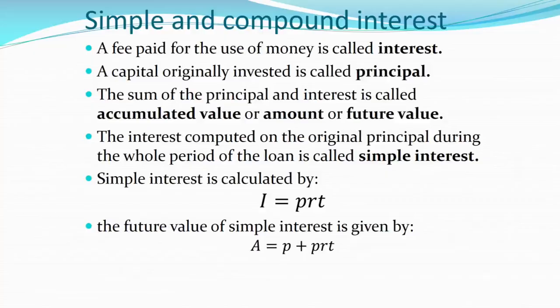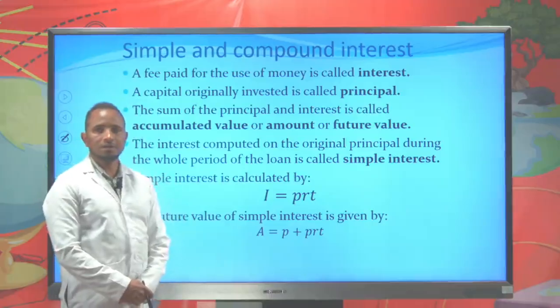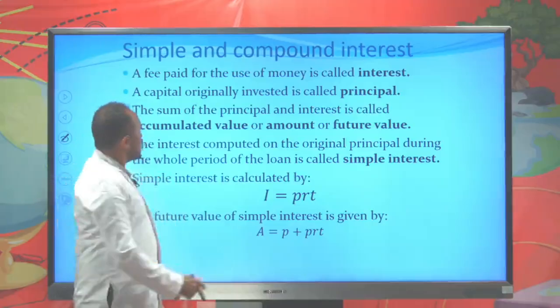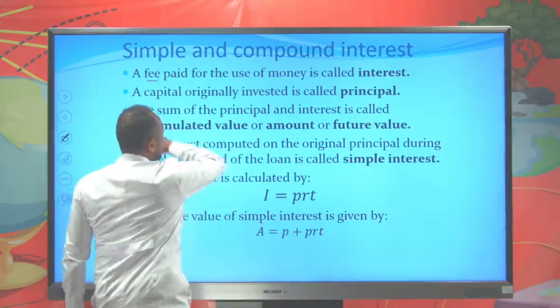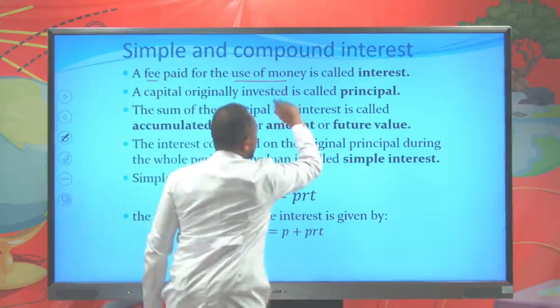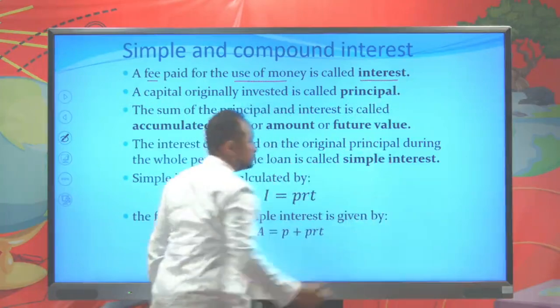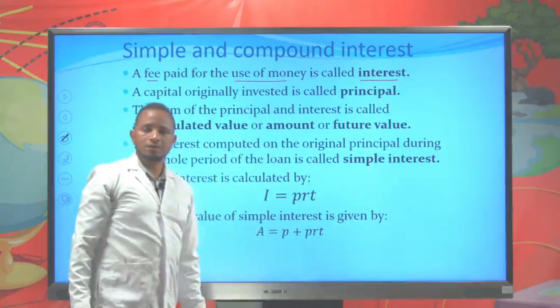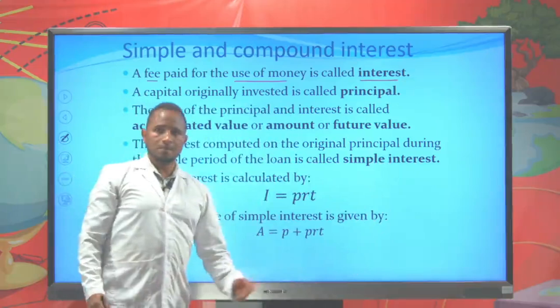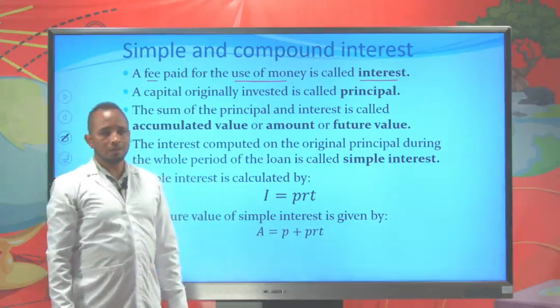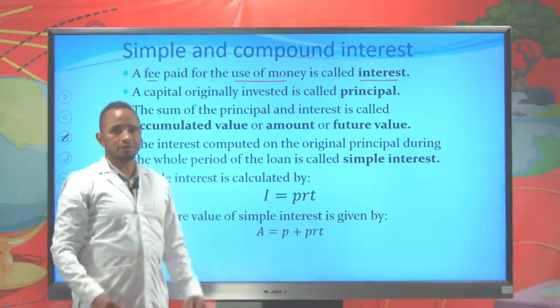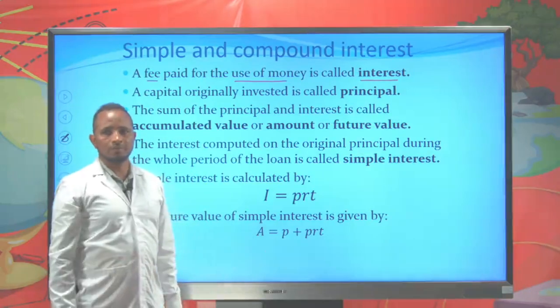Now let's see simple and compound interest. A fee paid for the use of money is called interest. For example, when you put money in a bank, the bank uses your money and pays you interest for the use of money.